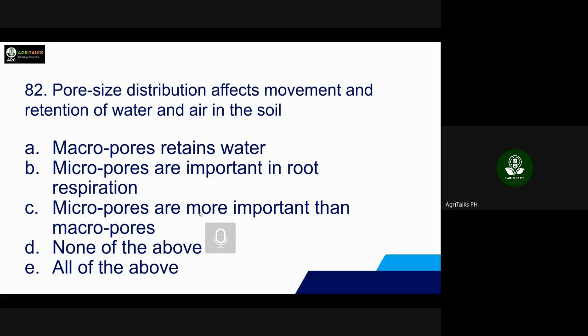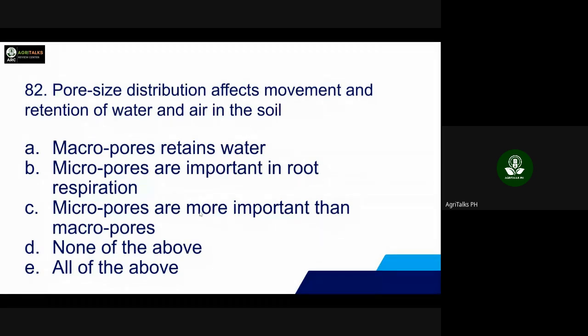Letter B, micropores are important in root penetration. That's wrong because the roots cannot penetrate. I mean, cannot respire easily when the pores are very small. So that's wrong. Letter C, micropores are more important than macropores.